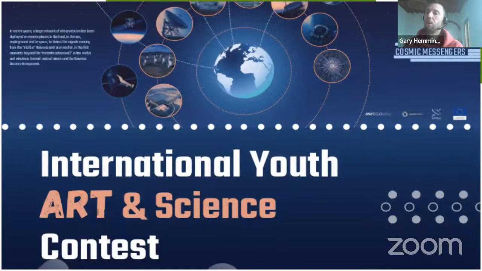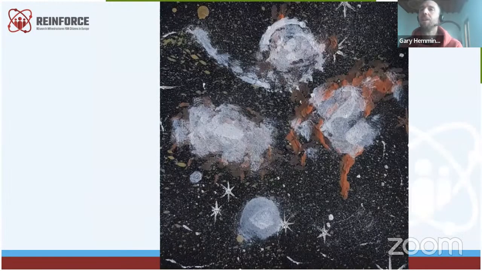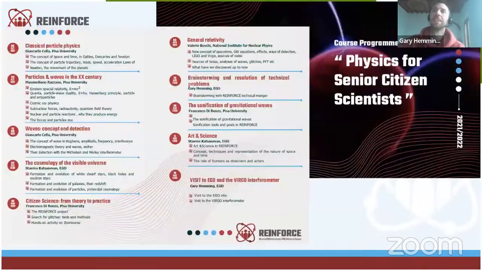We aimed them at these two different bands, and this was our winner for the 4 to 12 section, a young artist from Bahrain. And then from the 13 to 18 section, this was ultimately our winner.